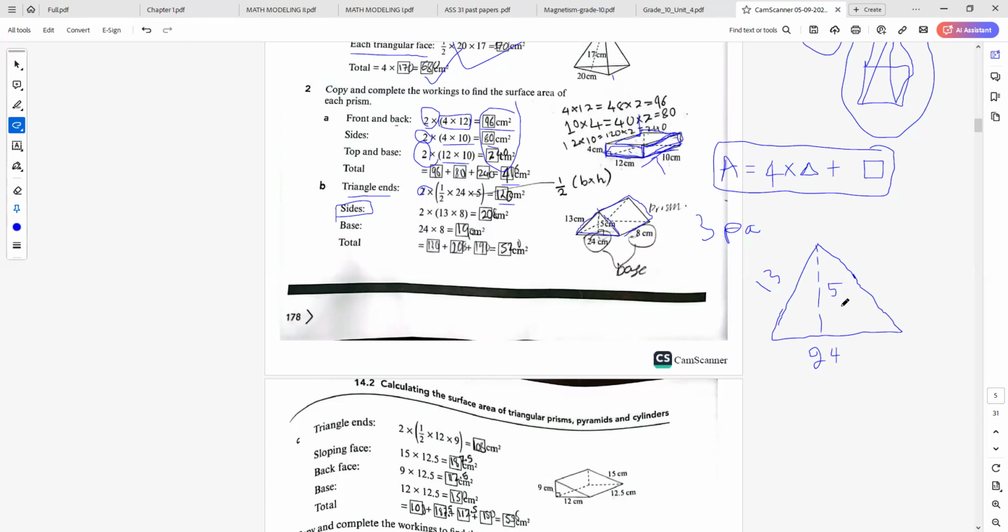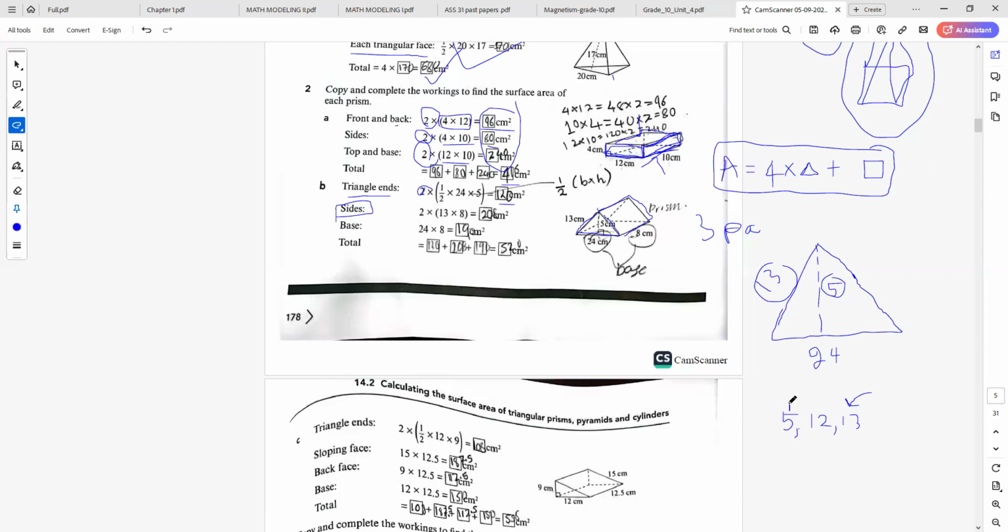Now, you should use Pythagoras theorem here. If this is 13 and this is 5, we have a triple of Pythagoras, that is 5, 12, 13. Like 3, 4, 5, we have 5, 12, 13.